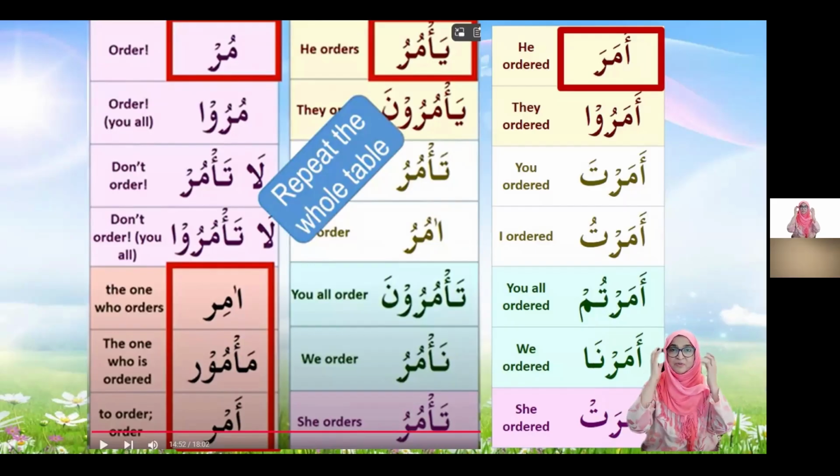You just have to remember, it's not like that, it is different. Even I sometimes make a mistake because I know it in the table. Okay, practice that. Ya'muru, ya'muruna, ta'muru, amuru, ta'muruna, na'muru, ta'muru.